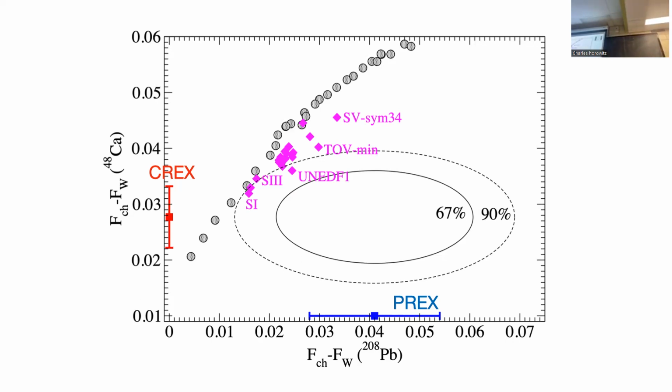Why is it important to use doubly magic nuclei as opposed to neutron-rich even nuclei? So there's an experimental reason and a theory reason. The experimental reason is doubly magic nuclei have high first excited states.